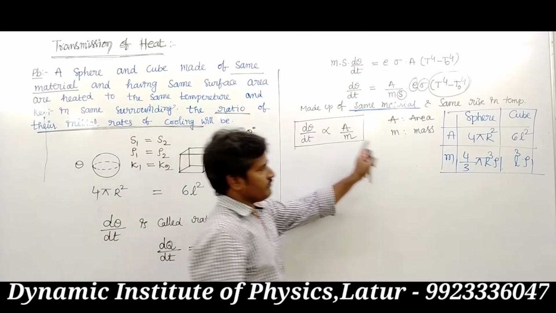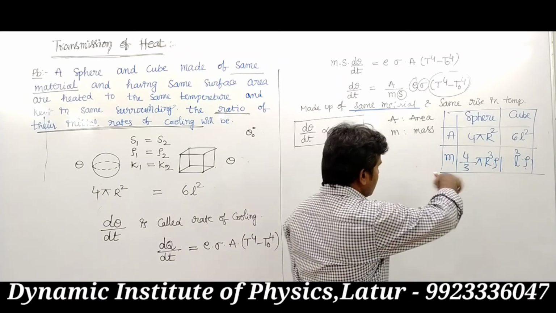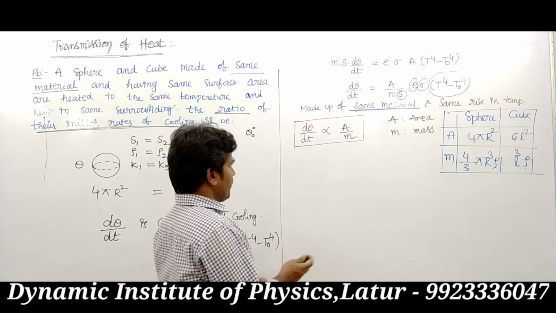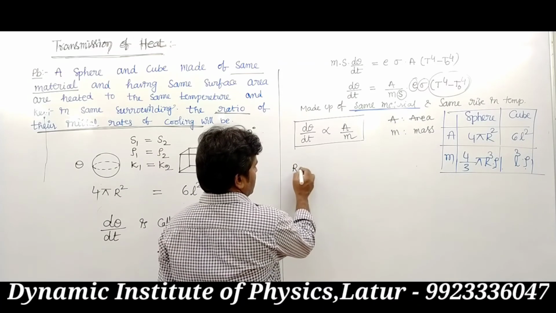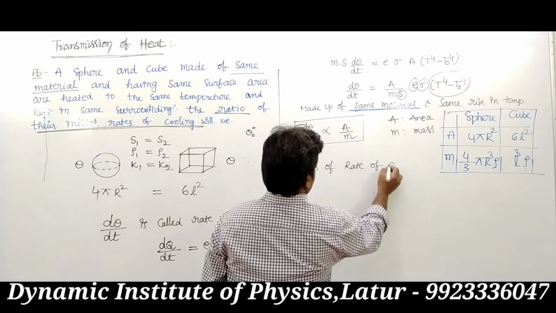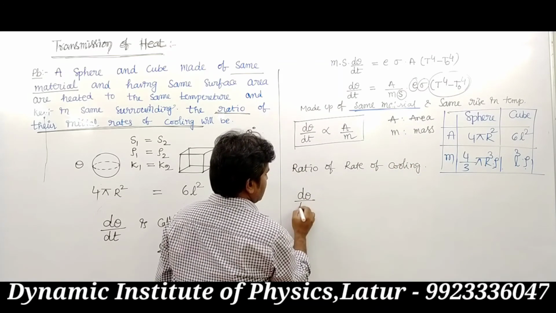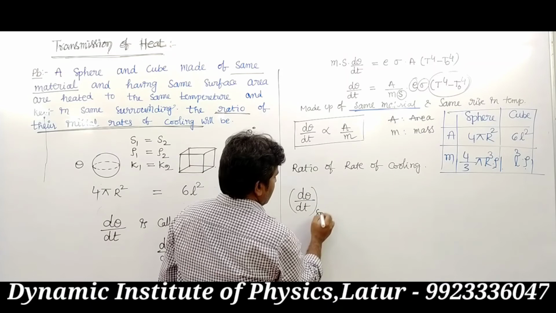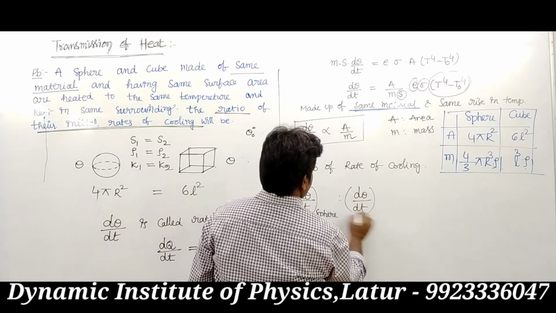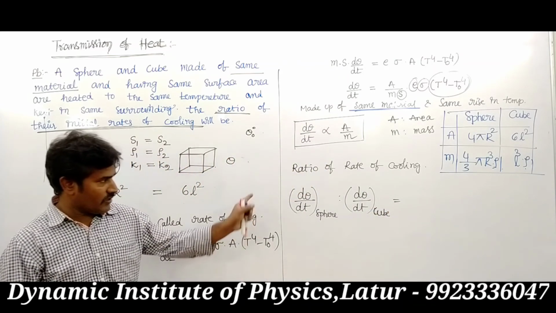The material is the same, so the densities are the same. We want the ratio of the rates of cooling, d theta by dt of sphere to d theta by dt of cube.